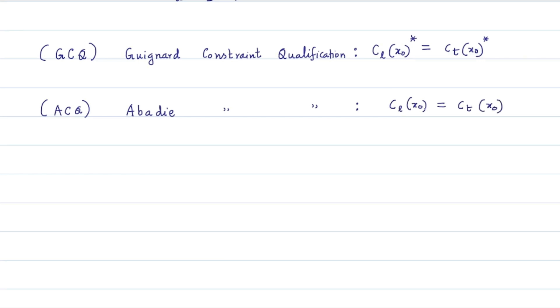We notice that if the Abadie constraint qualification is satisfied, then obviously the Guignard constraint qualification also will be satisfied, because once this equality of sets is happening, then obviously their dual cones will be identical. However, the reverse might not be true, that if the dual cones of two sets are equal, then it might not be true that those two sets are equal.